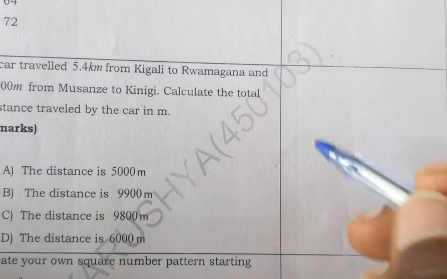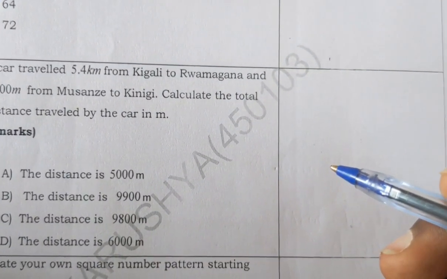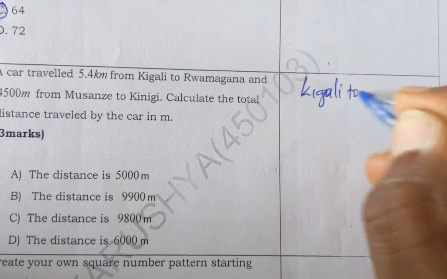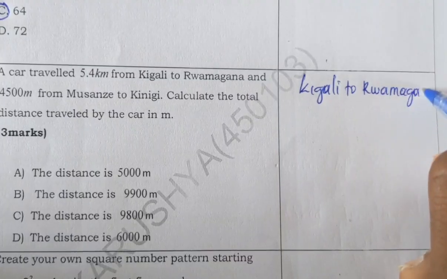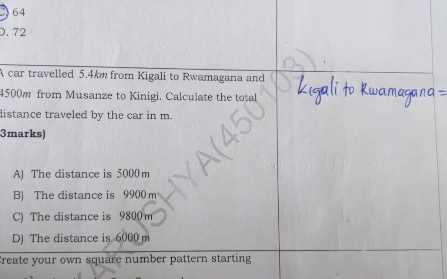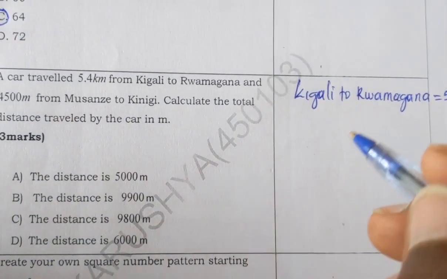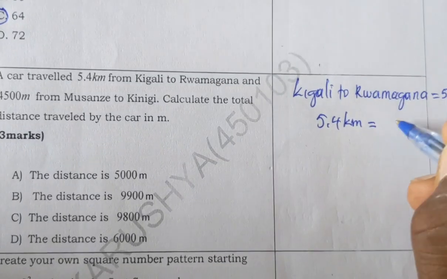Then here the distance traveled from Kigali to Rwamagana is 5.4 kilometers.